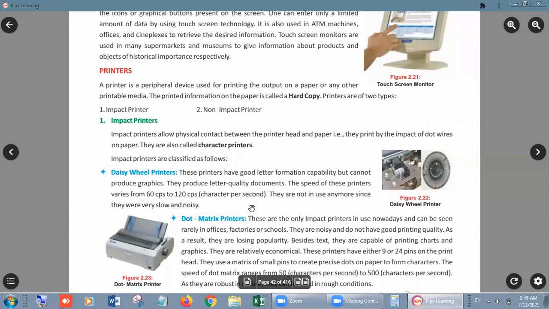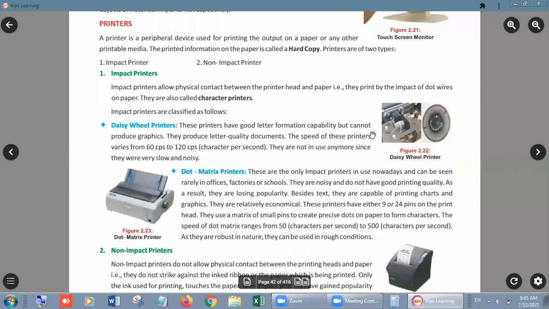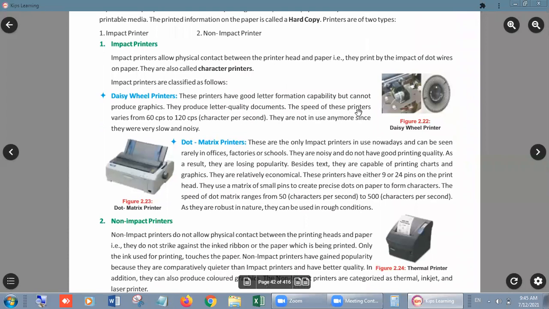In impact printers we have so many types, just like the daisy wheel printer, which I told you recently, right? The speed of this type of printer varies from 60 cps, characters per second, to 120 cps. They are not in use anymore since they were very slow and noisy. Look, students, they were very noisy.